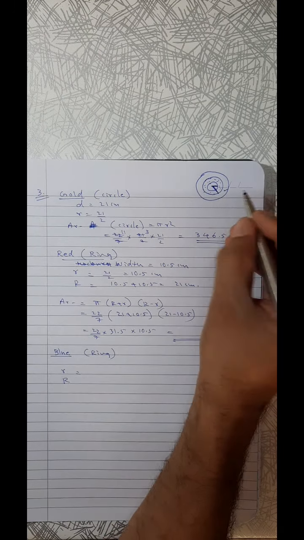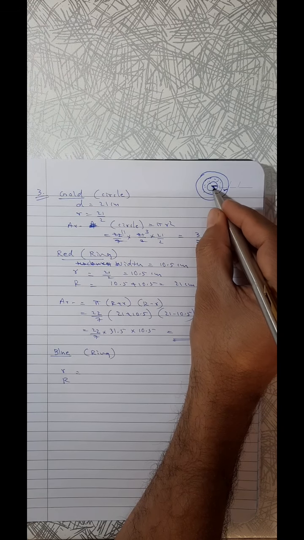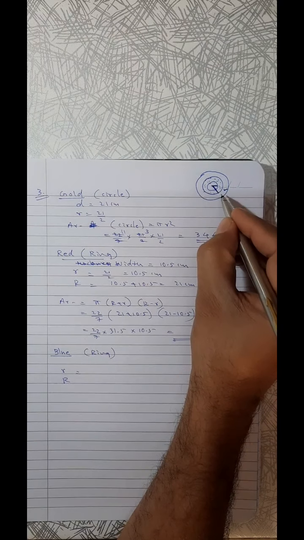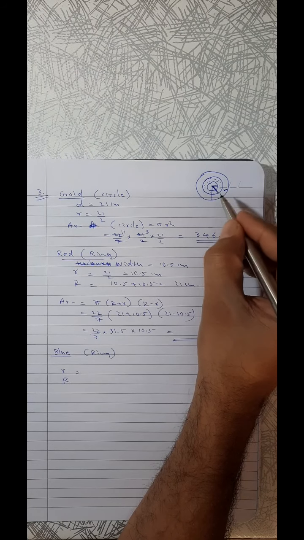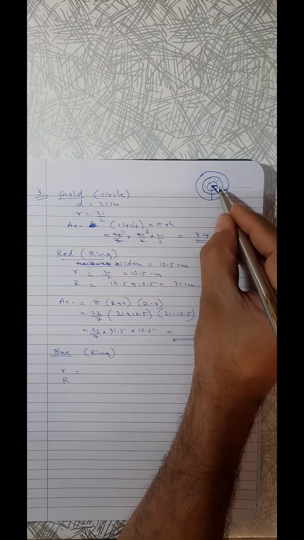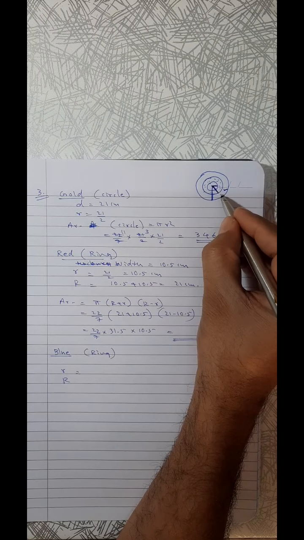Mutually exchanging. For this one, small r is the capital R of the previous one, and for its capital R, I have to add the thickness. So small r and capital R are getting interchanged.